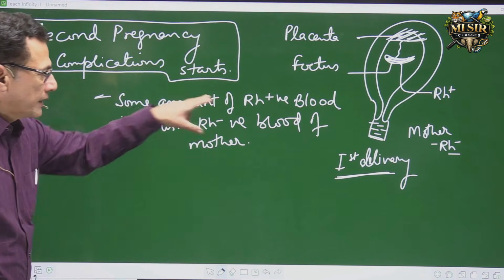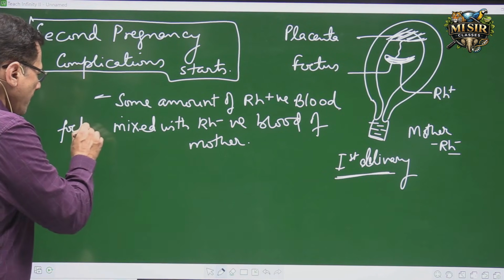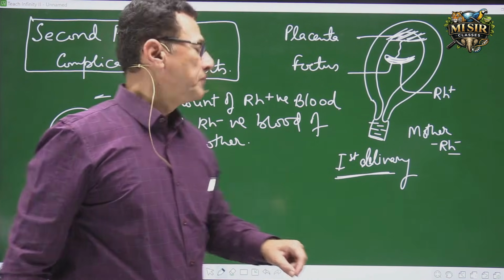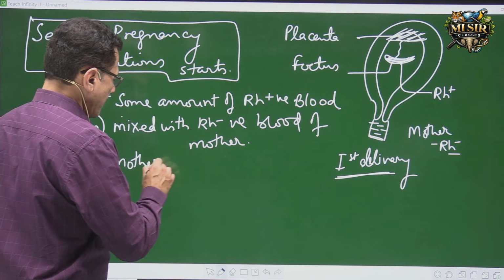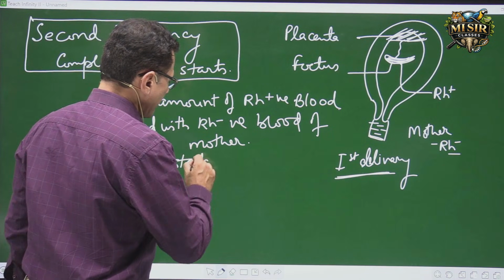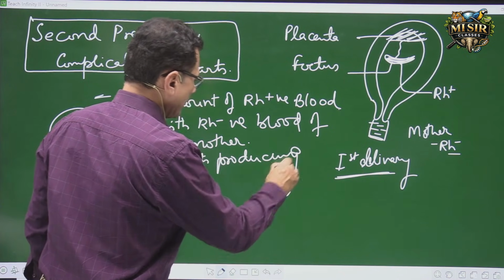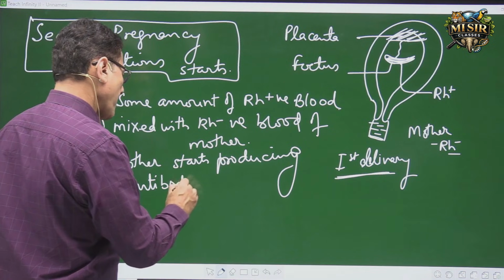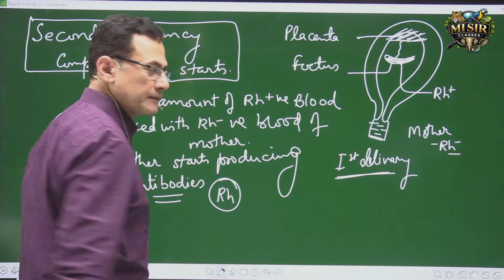Some amount of Rh positive blood of fetus is mixed with the Rh negative blood of mother. The mother starts producing antibodies. These are Rh antibodies.